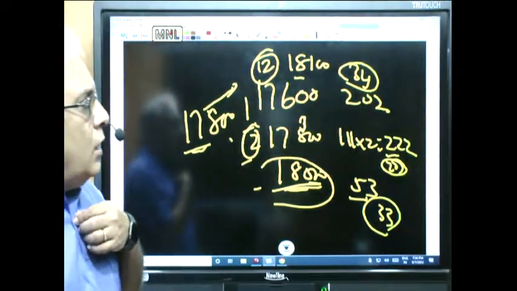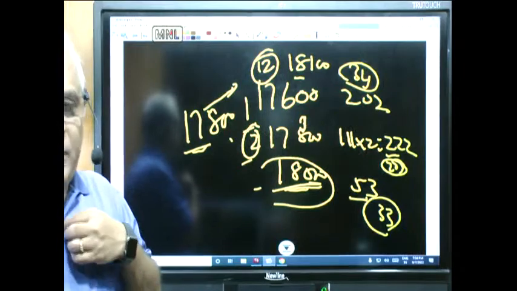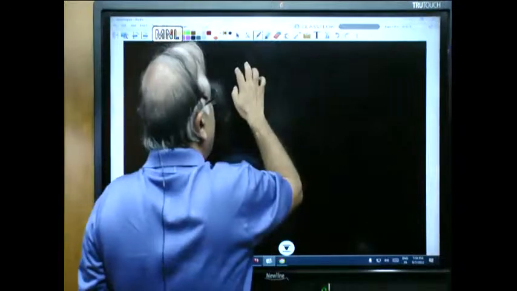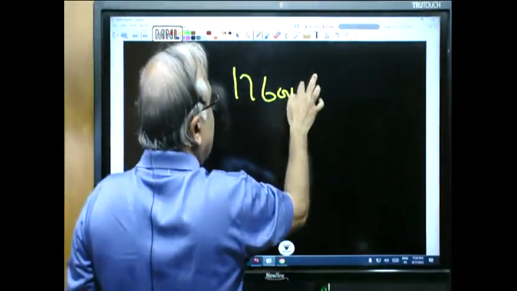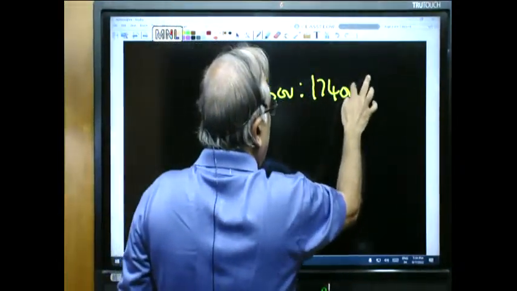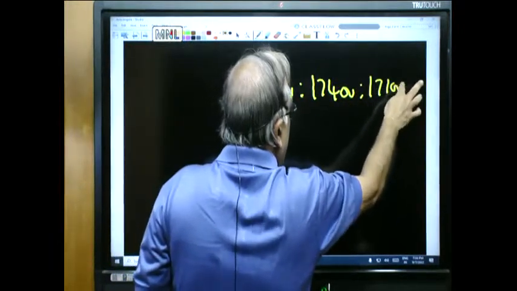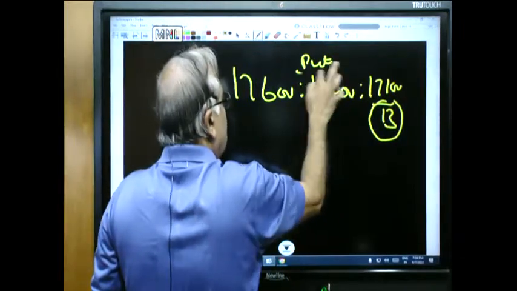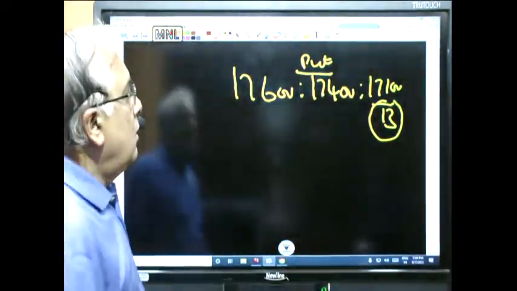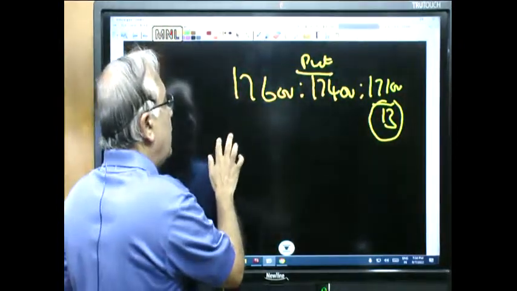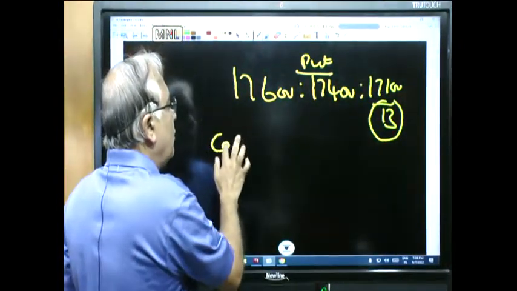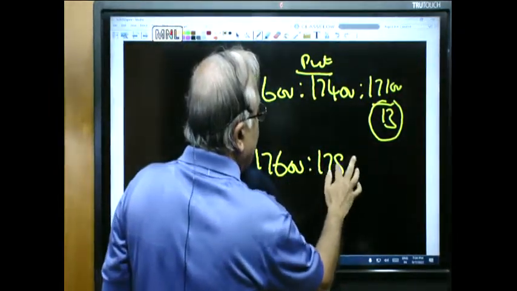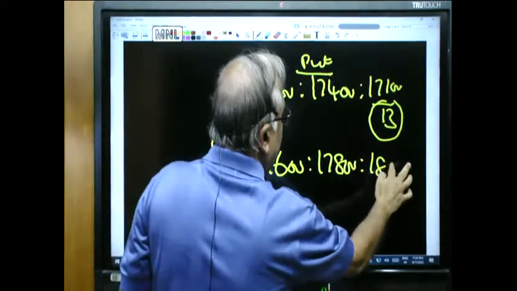Now you can combine these two structures also. Look at 17.6, 17.4, 17.1 for 13 rupees, a bear put spread. Then the butterfly call 17.6, 17.8, 18.1.